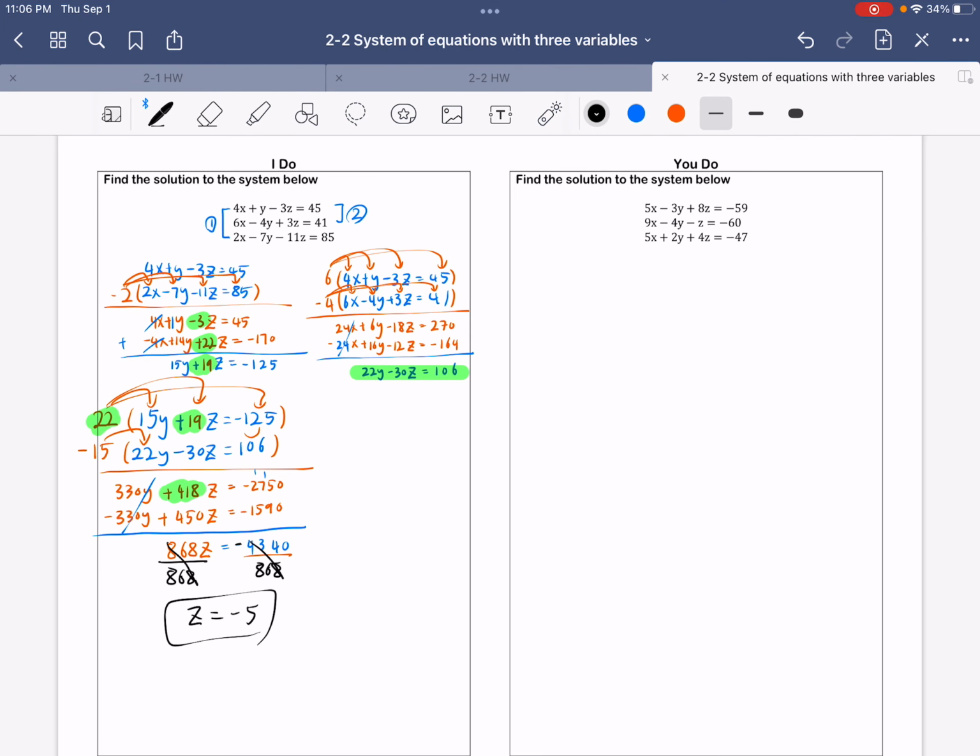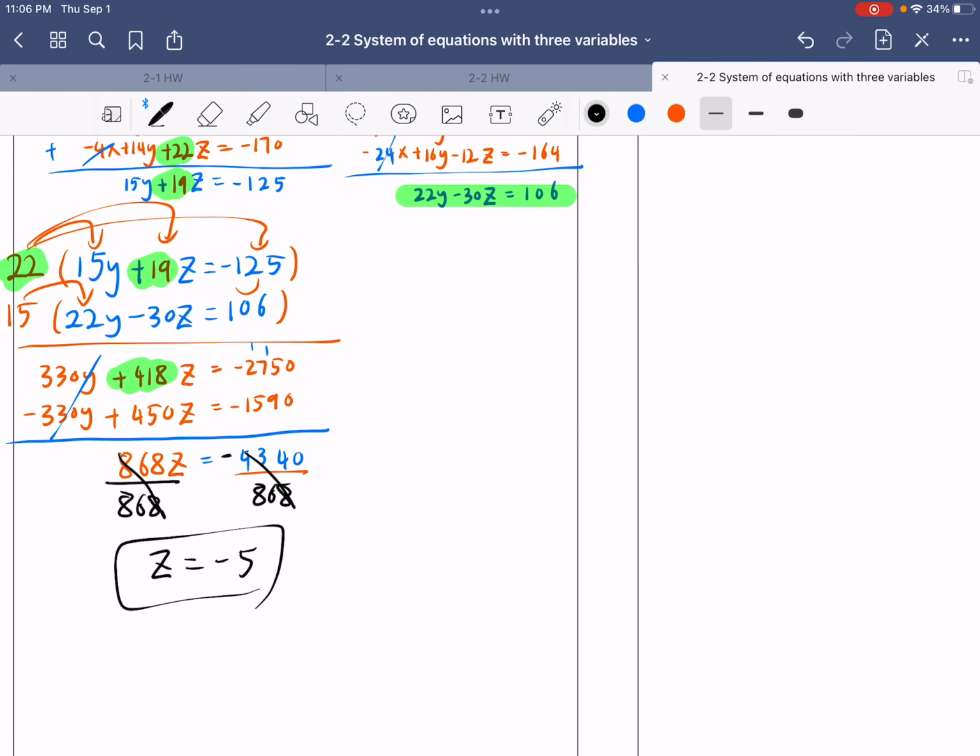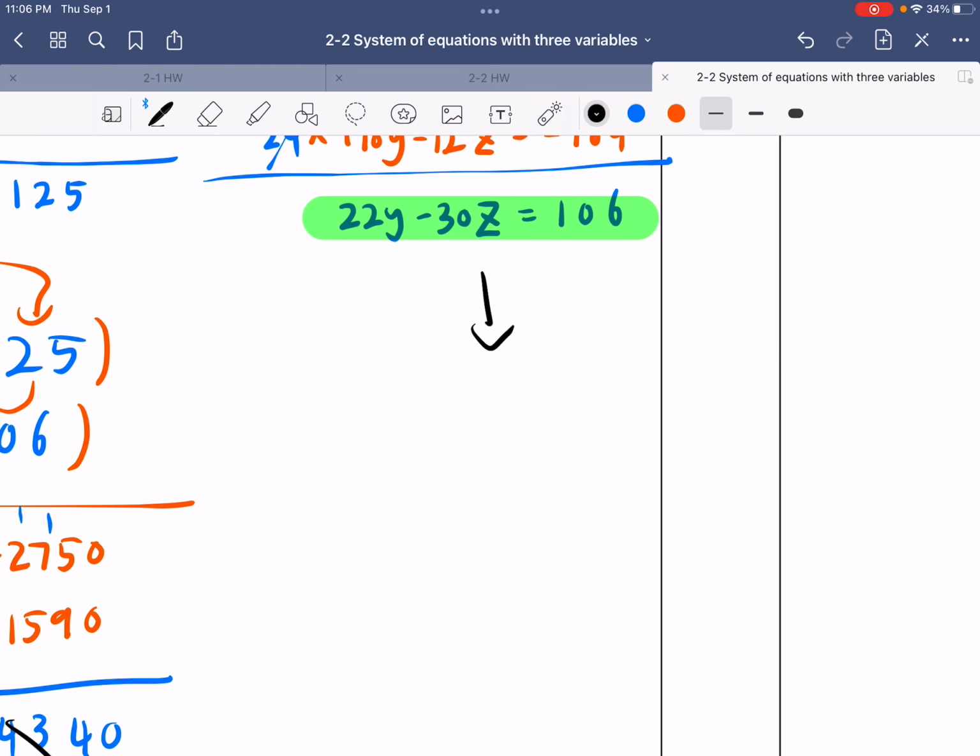So I did it, guys. Yes. Now, what should I do next? It's very easy. You are going to choose one of these two and plug in Z here to solve for Y. So I'm going to choose this one because I did not make any mistake here. So it's very good. So let me copy this one down.